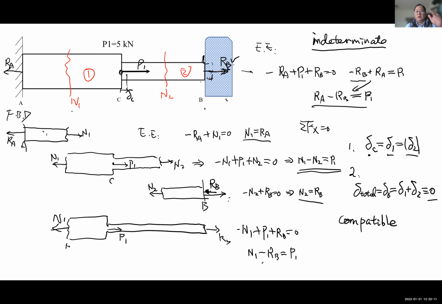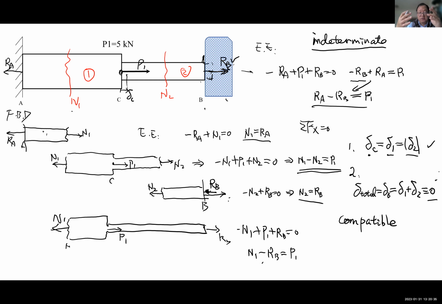That's the geometric relation about the deformation, and we call this the compatibility equation, and that gives us an additional relation, as I show here, either this one or this one.